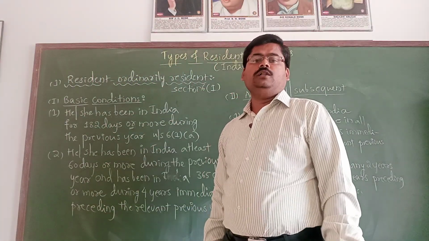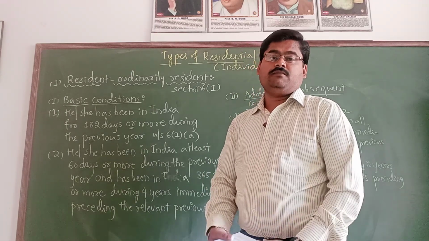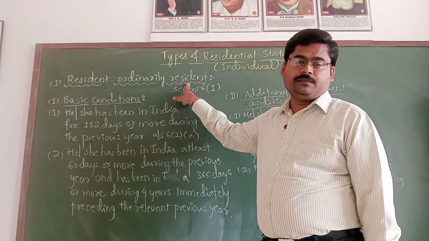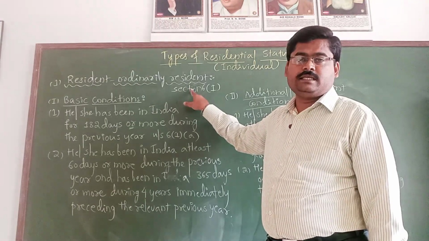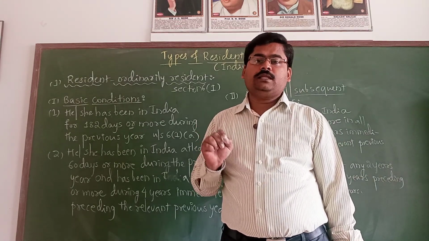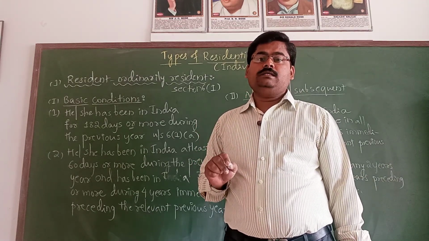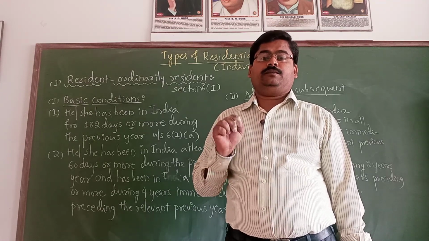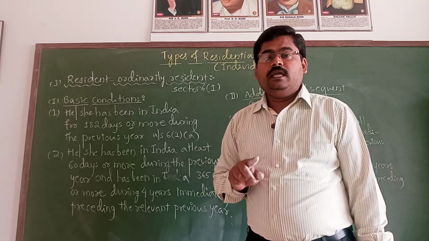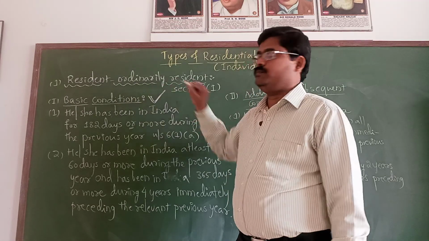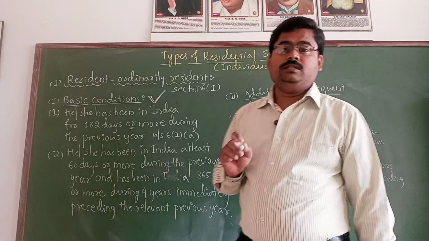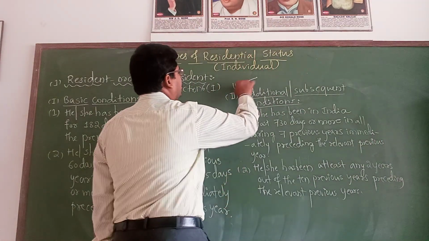So let us go through all those important types one by one. The first important type that I am discussing is resident ordinarily resident, ROR. Section 6 subsection 1 states that an individual or the assessee can be called a resident ordinarily resident when he satisfies any one of the basic conditions and both the additional conditions.